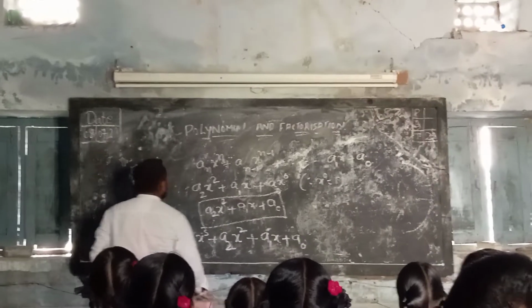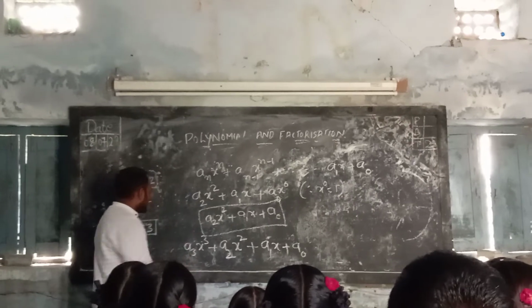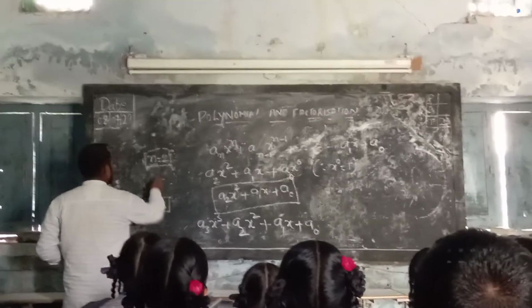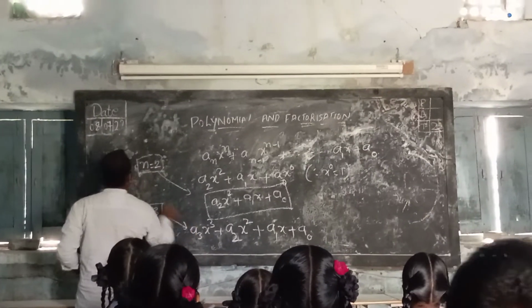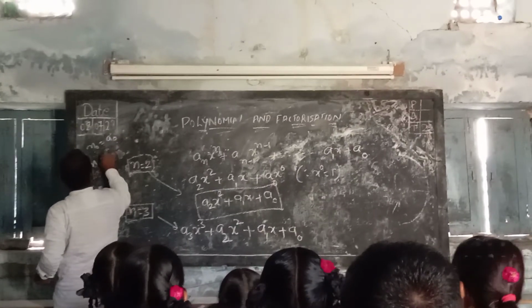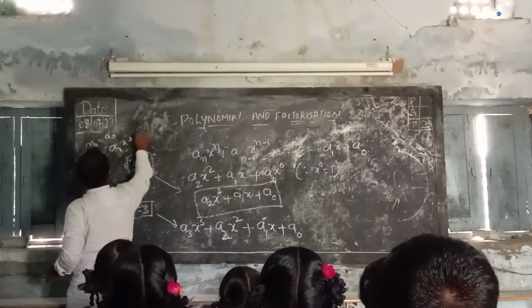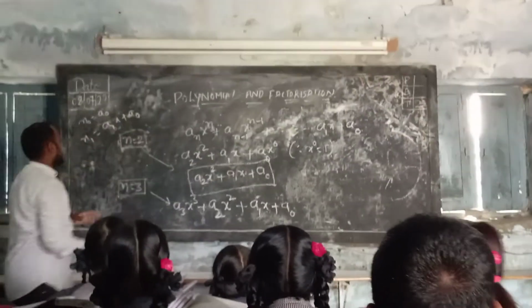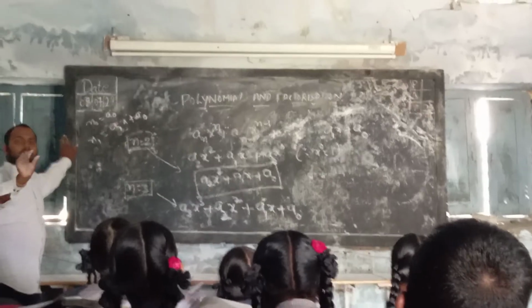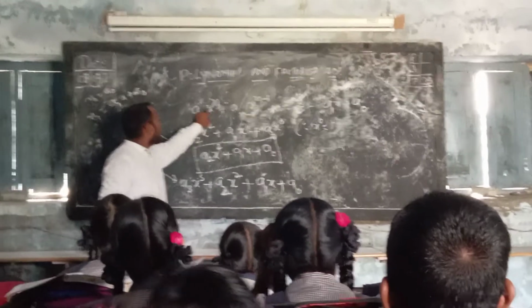Now, this is for this one, this is for this one. If n is 0, you will get a0, and n equal to 1, you will get a1 x plus a0. Right? Very simple. Put n equal to 0 here: a0 x to the power of 0.